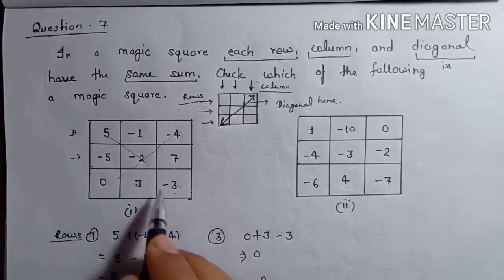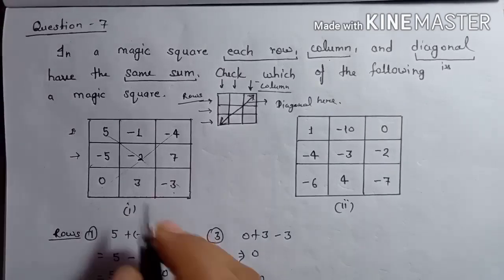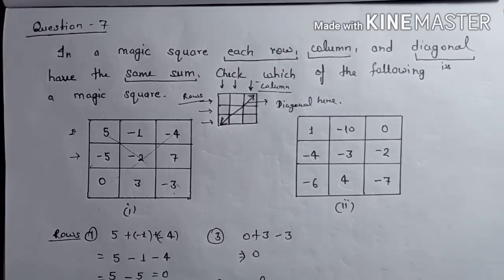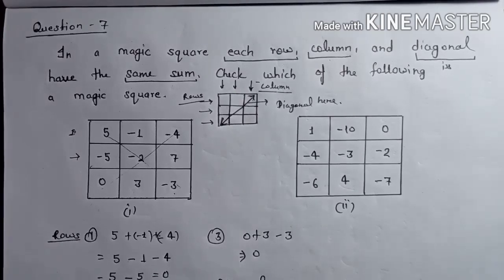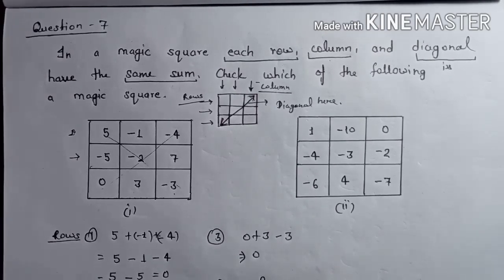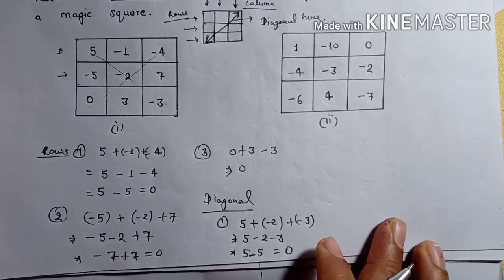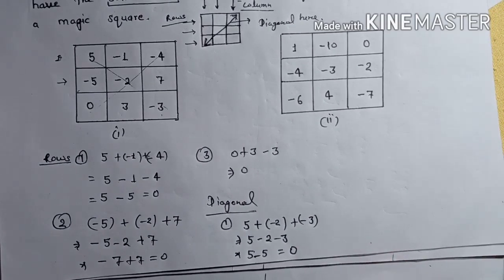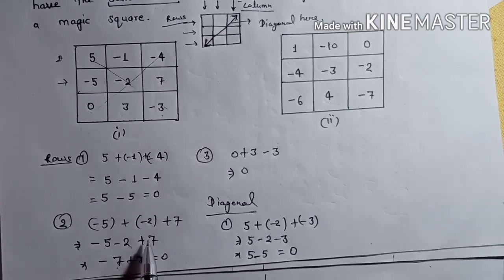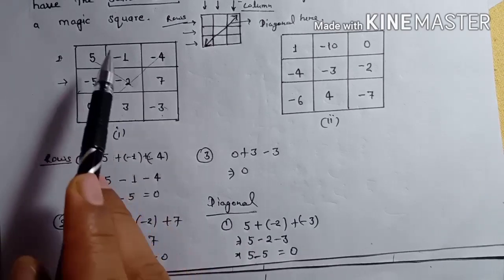If this is diagonal first, we have 5 and add -2 here, add -3 here, that is 5 minus 2 minus 3 is equal to 5 minus 5, and the result is 0.